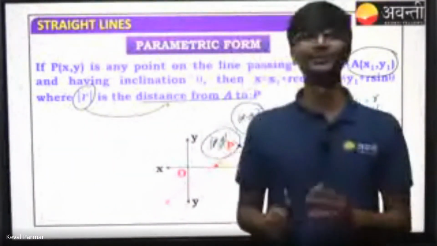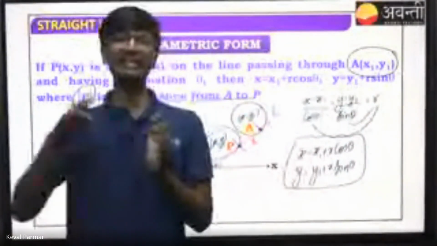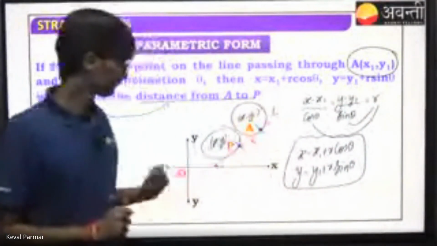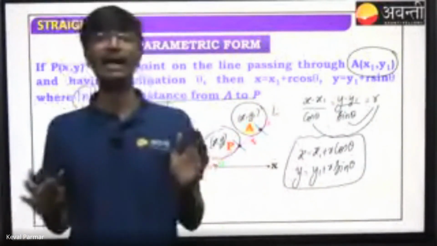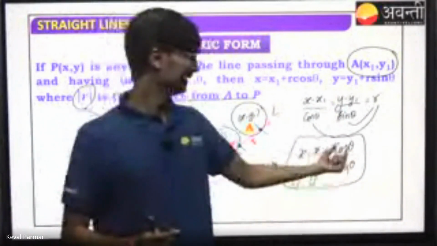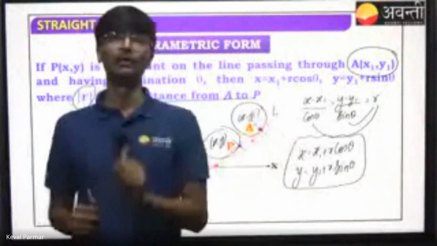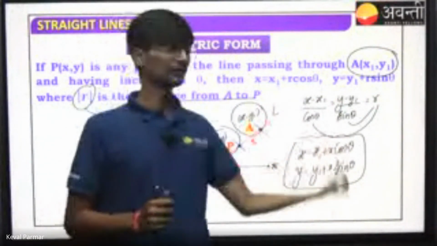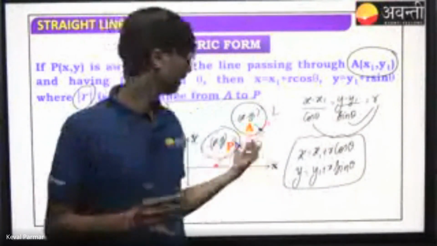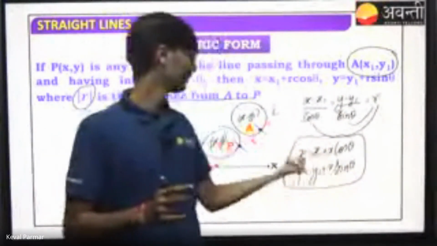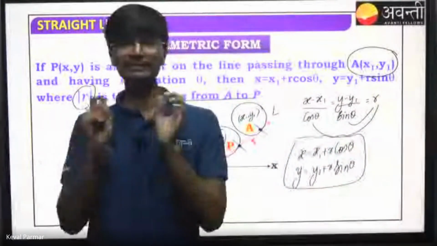So I was telling you that P is any random point on this line. It can be here, here, here, anywhere. If I know the inclination of the line theta and the fixed point A, then I can get any random point which is at a distance r from fixed point A. Let me repeat once again, please listen very carefully.